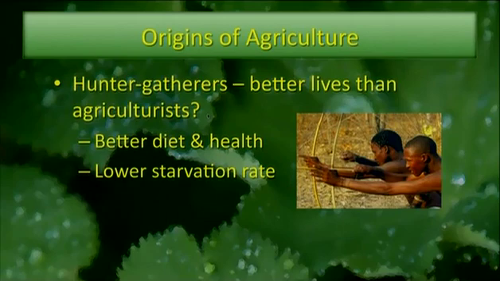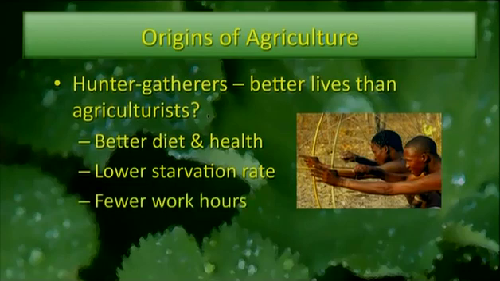We needed agriculture to have the modern capitalist state. They also worked fewer hours. Their work week was about 20 hours per week, much fewer hours than we work today.